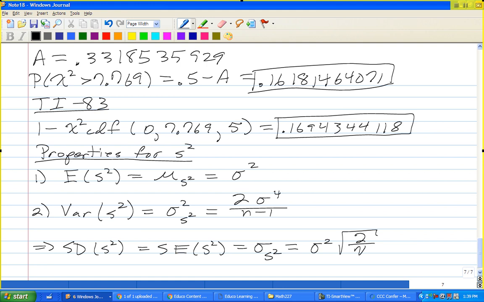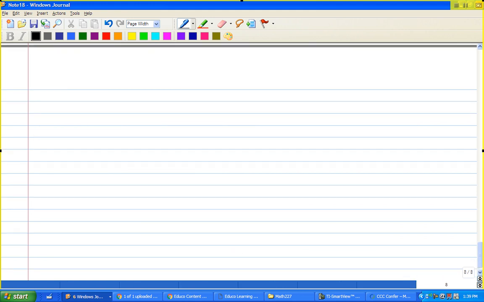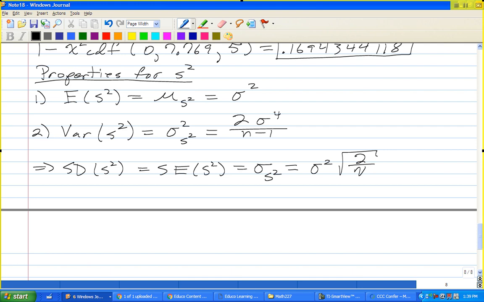So, note the following. From now on, we'll mostly be talking about variances. And the reason for that is that even though the expected value of the sample variances is the population variance, the expected value of the sample standard deviation is not the population standard deviation.